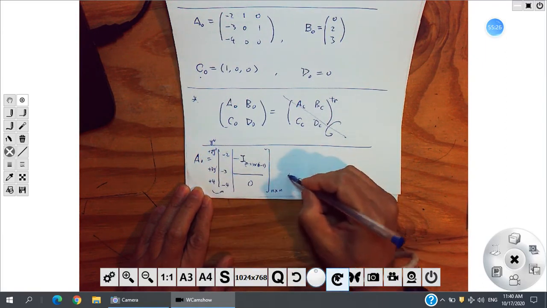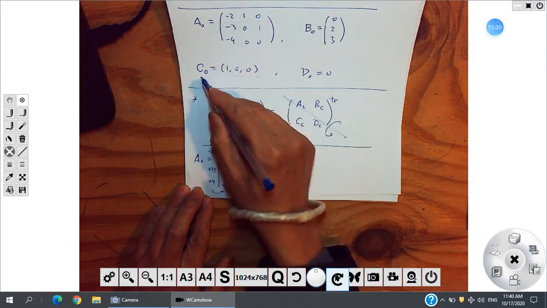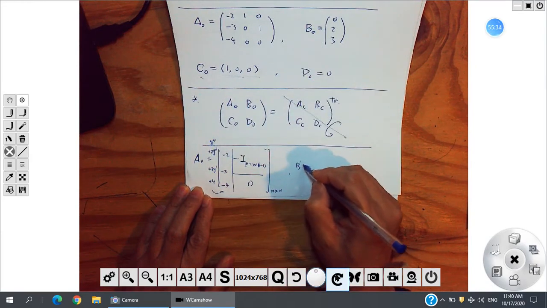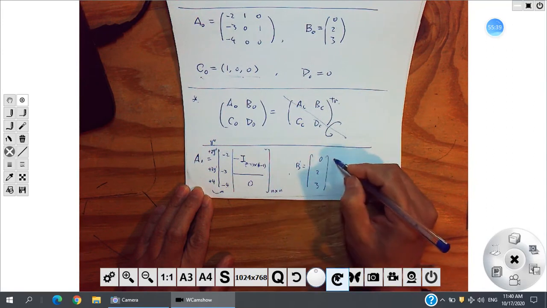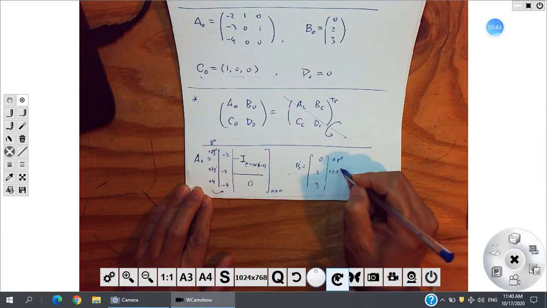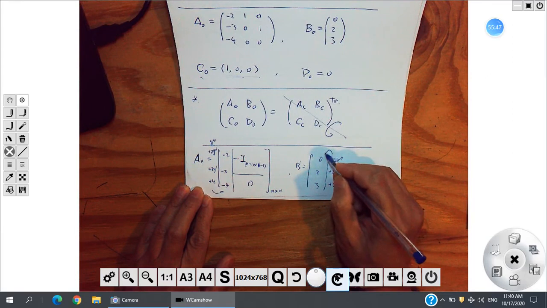And B, C is just like this. C is always like this. And B is 0, 2, 3. This is according to 0 times R2 prime plus 2 times R1 prime plus 3 times R. Then this coefficient goes to here.